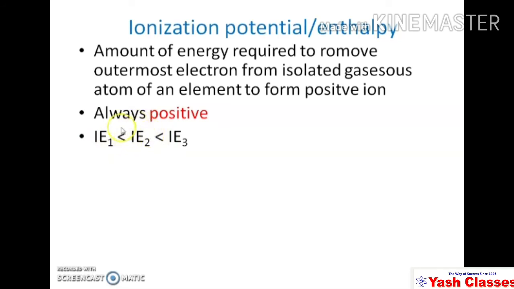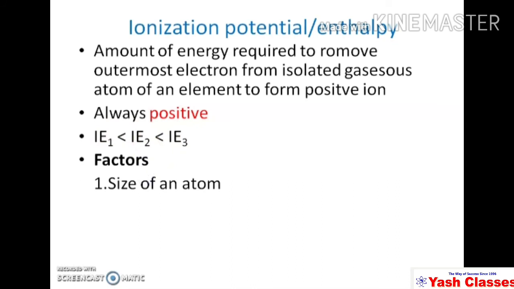Reason for this is, when you are removing the first electron, that electron is removed from the neutral atom, and when you try to remove the second electron, you are going to remove it from the positive ion, and that electron is strongly bound with the cation, and an extra amount of energy is required to remove that particular electron. Therefore second ionization enthalpy is higher than the first, and third ionization enthalpy is still higher than the second.